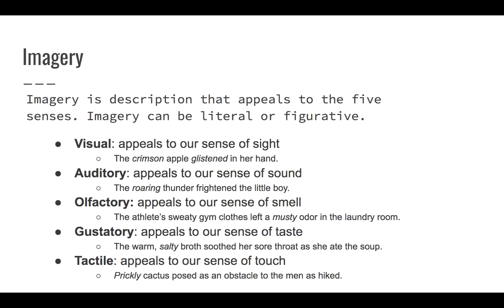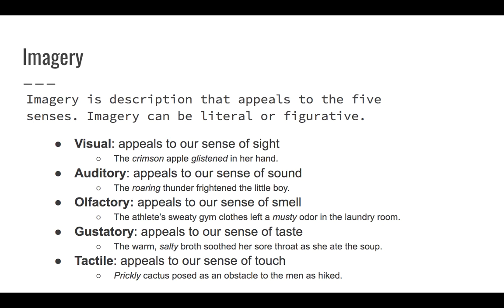Olfactory appeals to our sense of smell. The athlete's sweaty gym clothes left a musty odor in the laundry room. Musty, that word, we know what that smells like, so that appeals to the sense of smell. Appealing to our sense of taste: the warm, salty broth soothed her throat as she ate the soup.